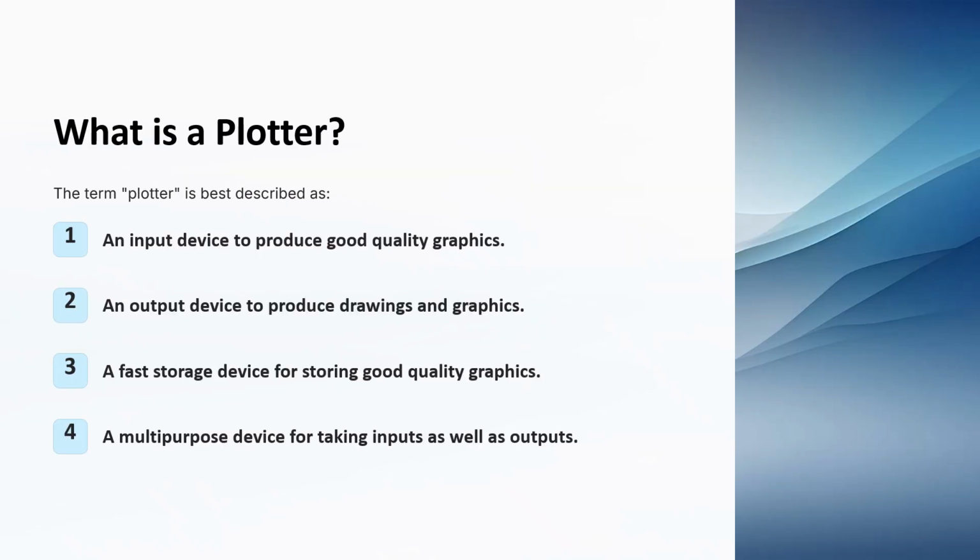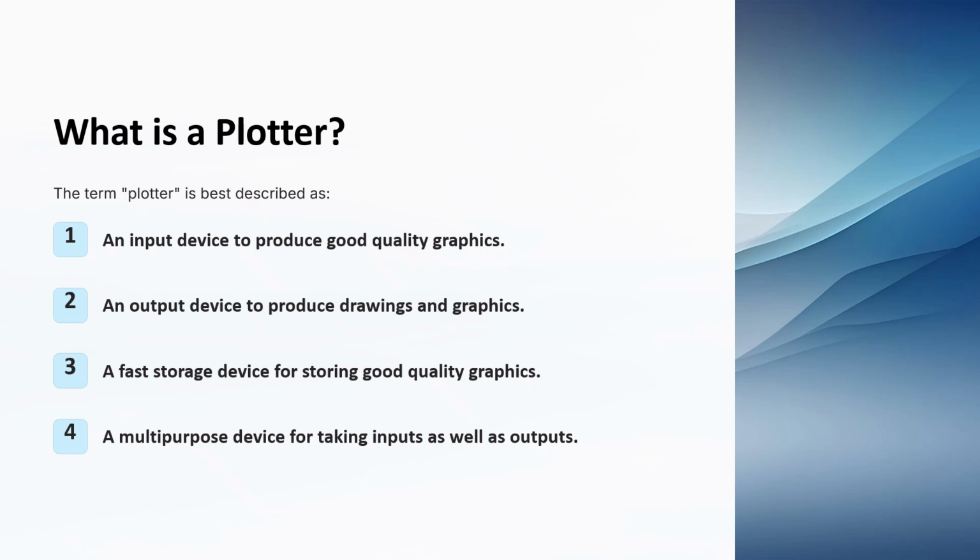The next question is: what is a plotter? The question is, the term plotter is best described as. From the following options, we choose the correct answer. Option 1 is an input device to produce good quality graphics.